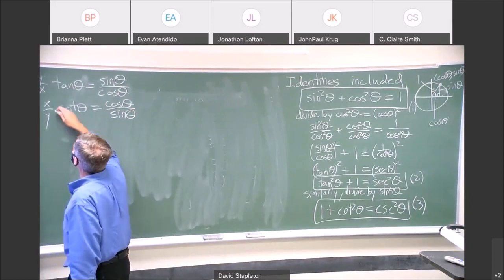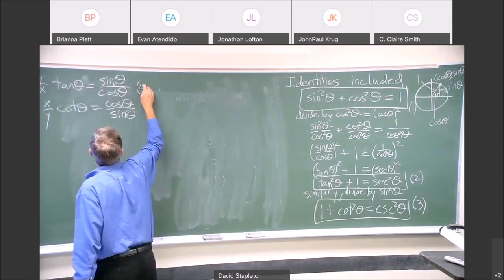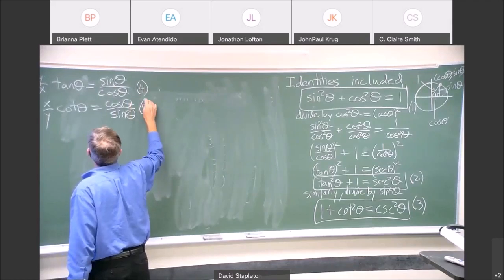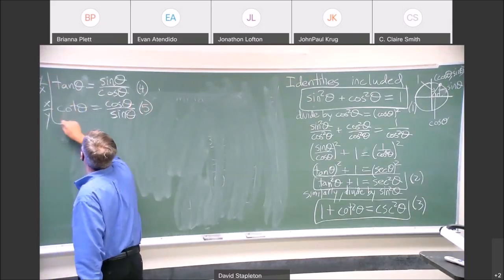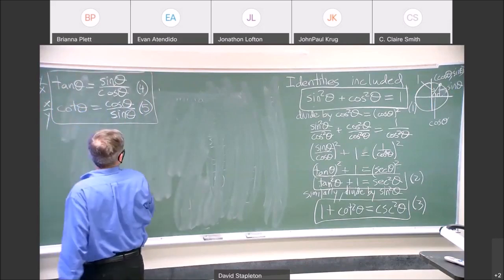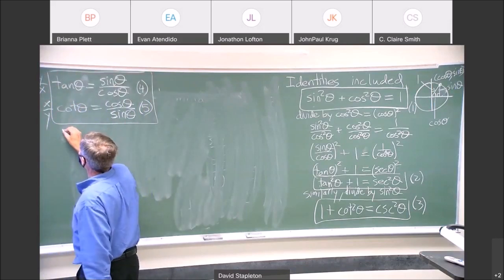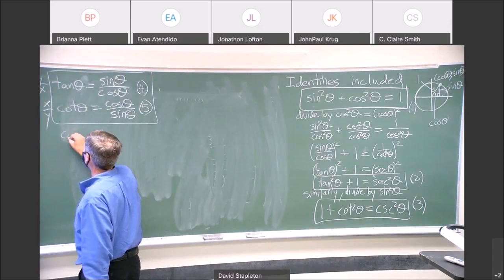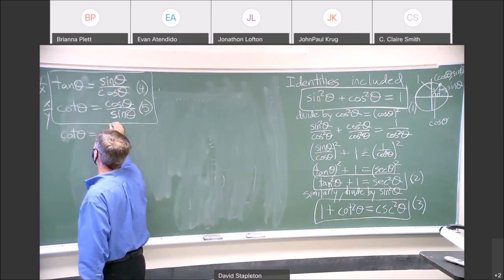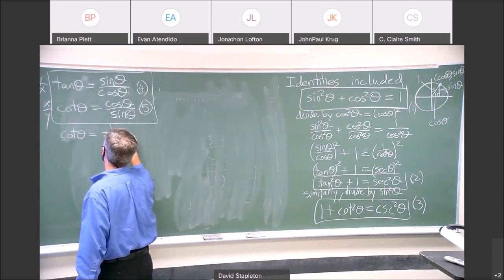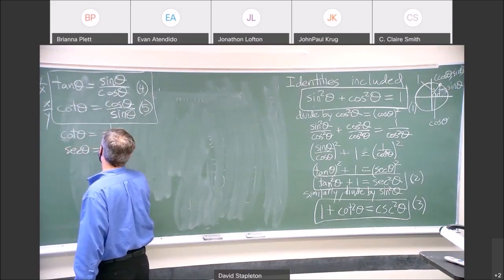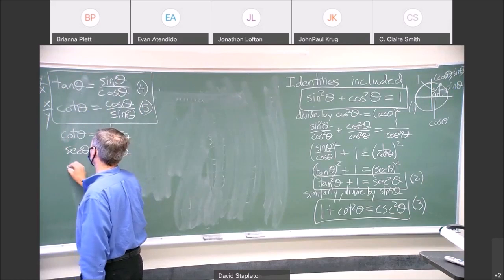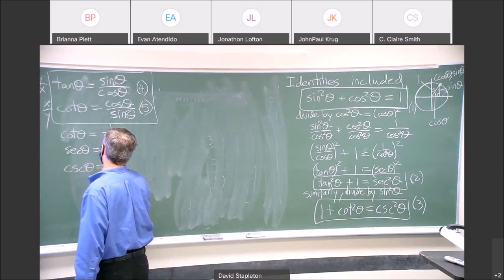And then you have the reciprocal identity. So let's call this one 4, and we'll call this one 5. And we just did this part of them. And then the reciprocal identities: cotangent was 1 over tangent, secant was 1 over cosine, and cosecant was 1 over sine.